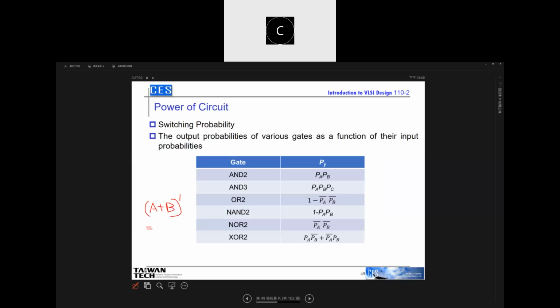According to De Morgan's rule, this equals A prime dot B prime. The probability of A prime is PA bar, and the probability of B prime is PB bar. So that's why you get the output probability for the NOR gate.